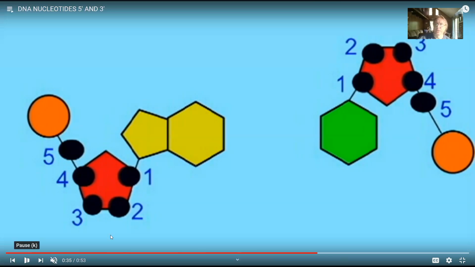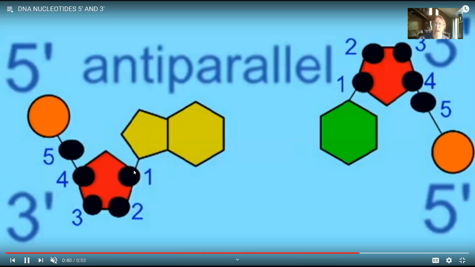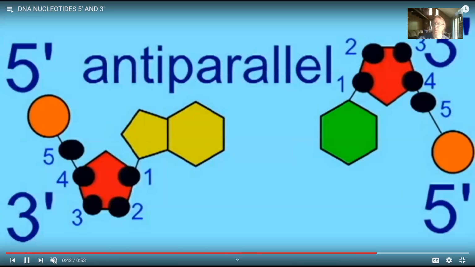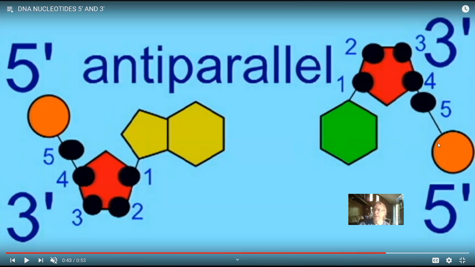So that's important. And when complementary bases form, they form in this way. When we look at how those hydrogen bonds line up, if this nucleotide has its 5' end pointing up and the 3' end pointing down, then its partner has to have the opposite orientation, and has to be what's called anti-parallel.